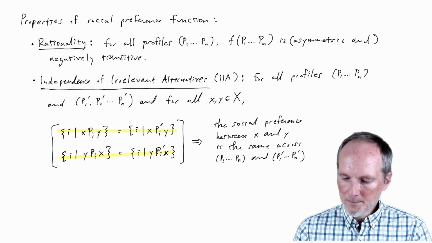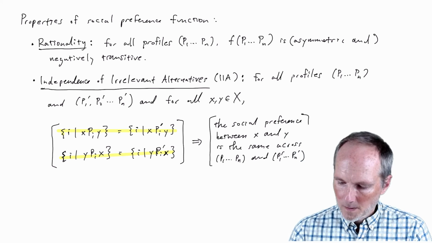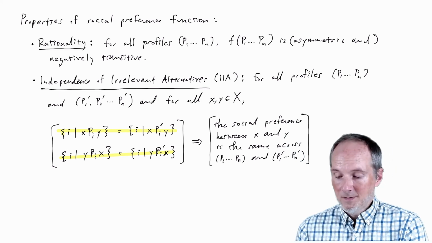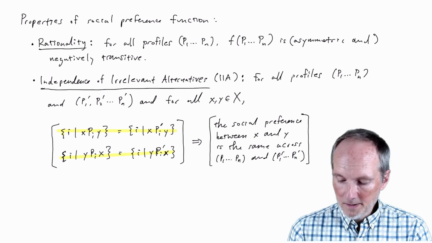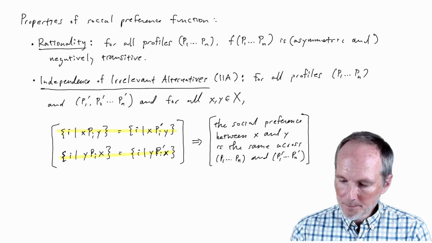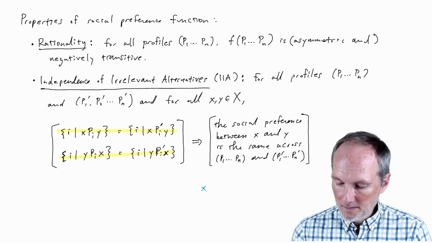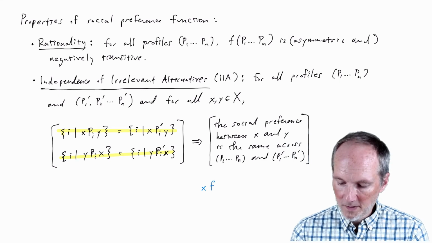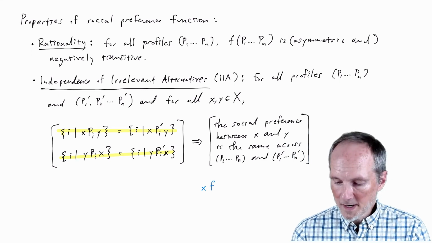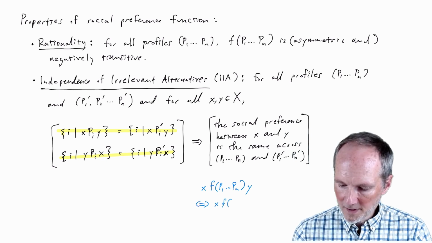Okay, and if you wanted to say that in a more rigorous way, kind of a logically precise way, what we would say is that x beats y in the first profile if and only if it beats y in the second profile.